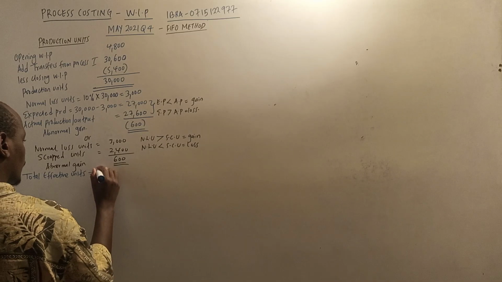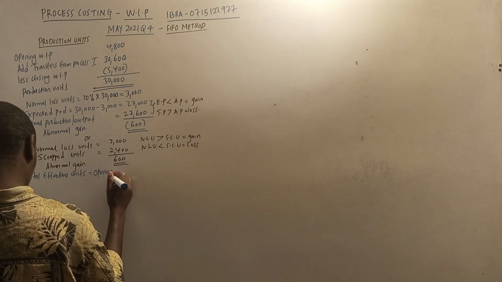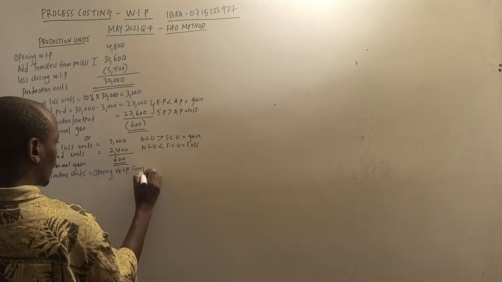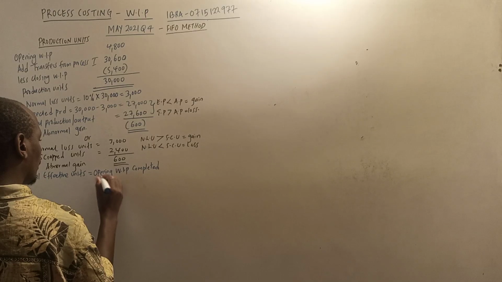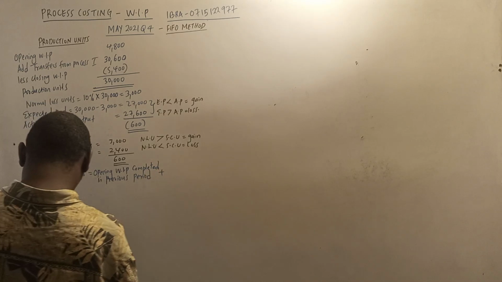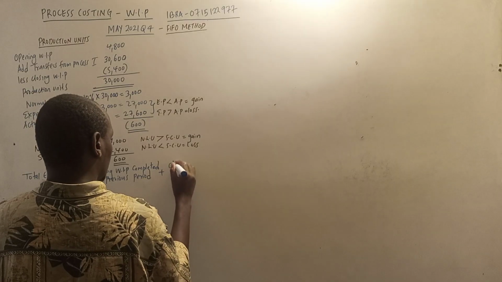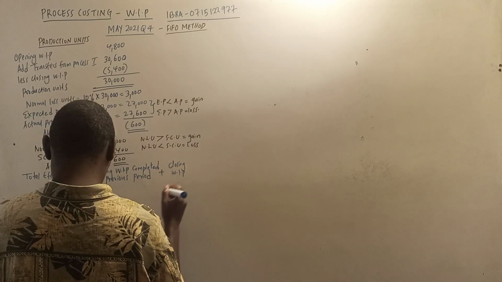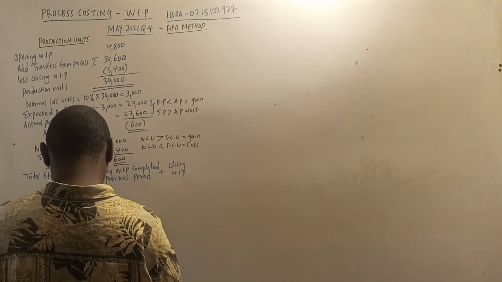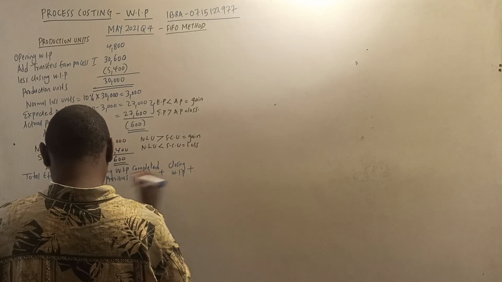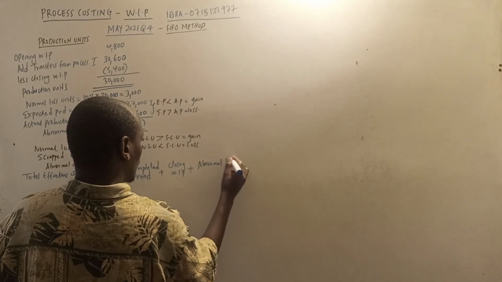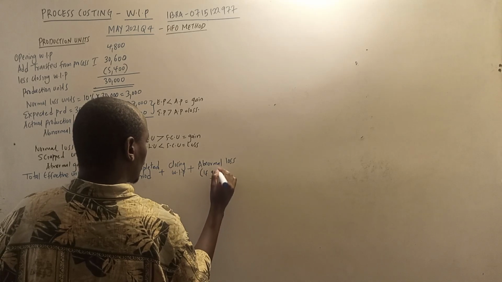So you start with the opening work in progress, completed in previous period, plus closing work in progress, plus abnormal loss, and if gain you less.